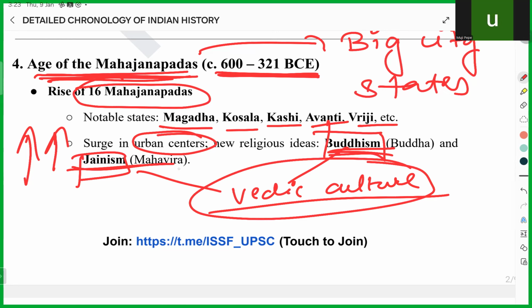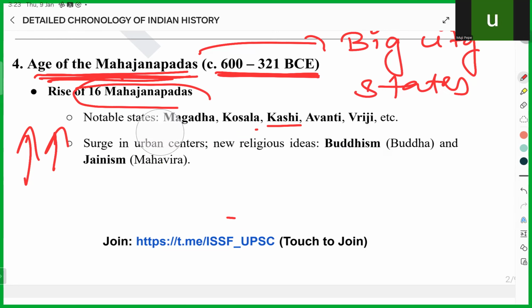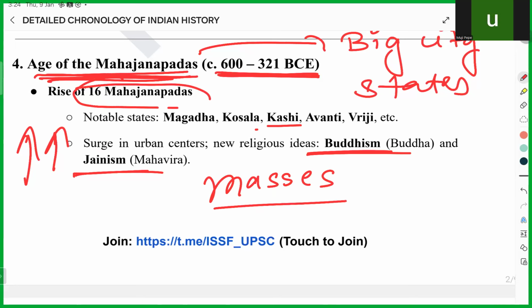One thing common between Buddhism and Jainism is that they both used the language of the masses. They did not preach in Sanskrit, which was supposed to be the language of the elites. Only the elites were allowed.